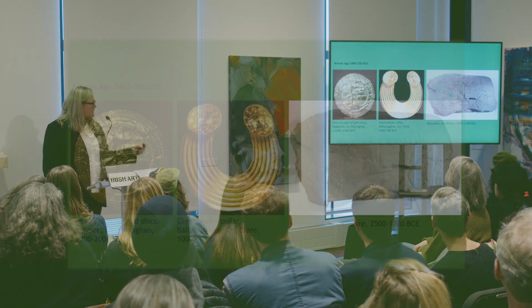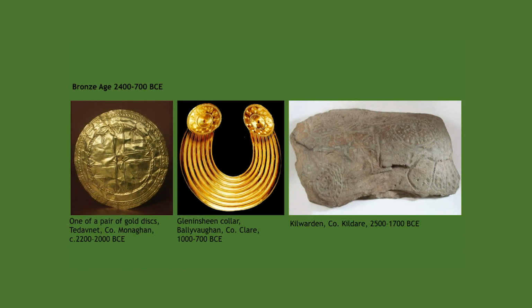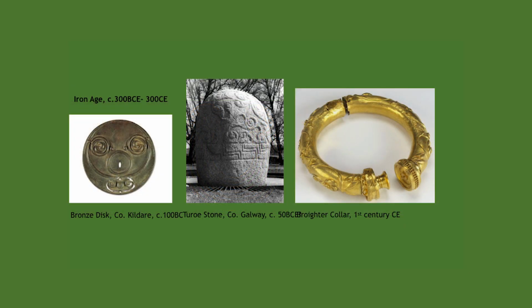So we start with the Neolithic period and the beginnings of the visual art forms that we see, these ancient carvings. We go to the Bronze Age, where Ireland has one of the most incredible collections of gold work in Europe, and you can see the dates from about 2400 BCE. Then we move into the so-called Iron Age, which for some historians in the past was like Ireland didn't exist before this.